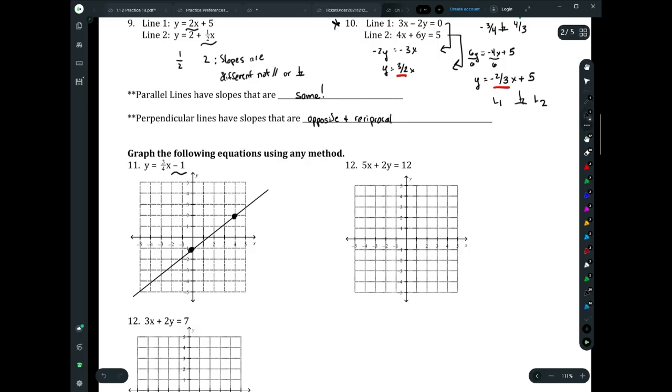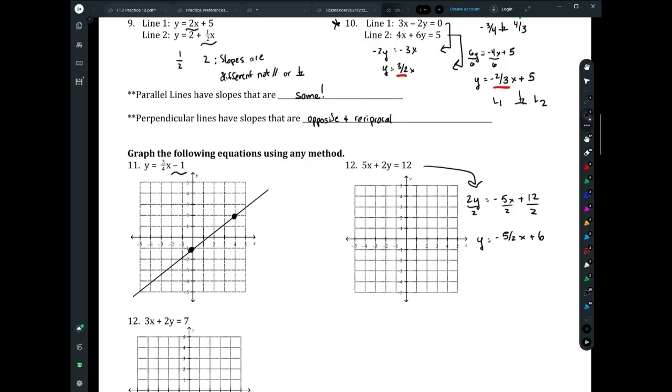If you have to solve or graph something from standard form, 2y is equal to negative 5x plus 12, divide by 2, and then y is equal to negative 5 halves x plus 6. I'll show you this one in the calculator. If we go to y equals, and if we type in negative 5 over 2, don't forget the x, and plus 6, yes, you can see what it looks like.